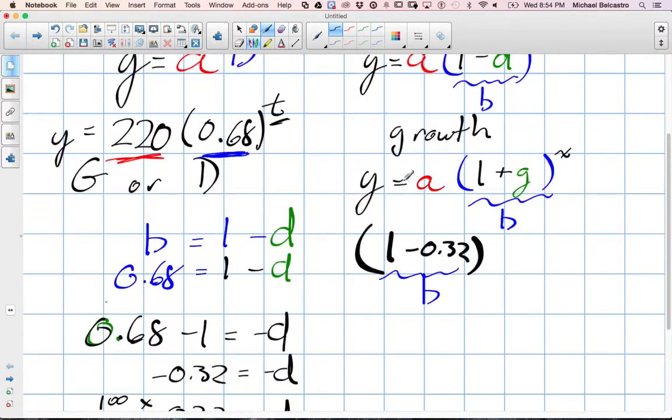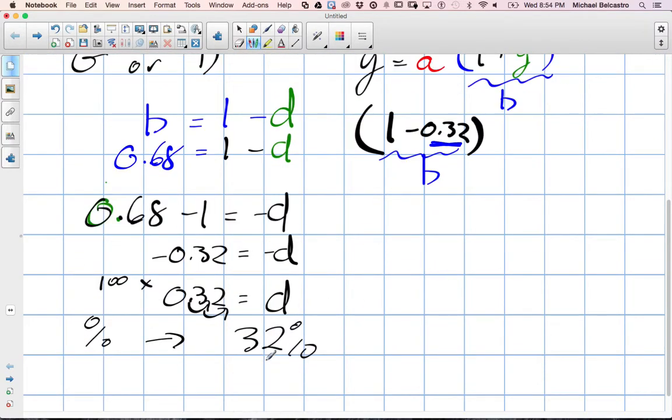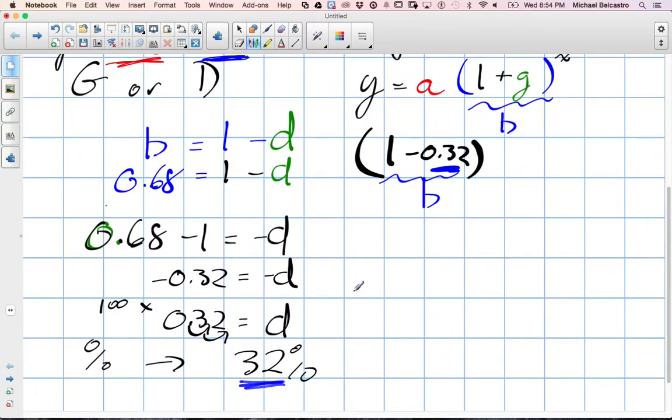So not only do we tell them it's decay, but we told them what the percentage is. It's decaying by 32% every whatever t is. Maybe it's year, maybe it's day, minute, second. But it's decaying by 32% every amount of time that is. And that's all they really want to know.